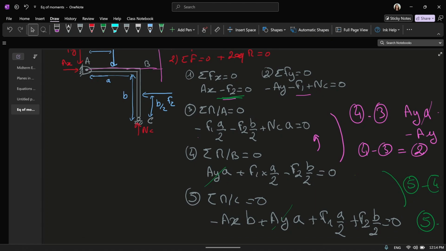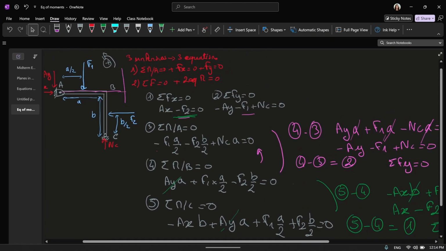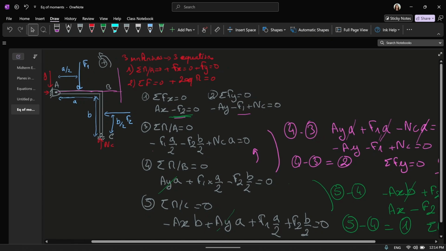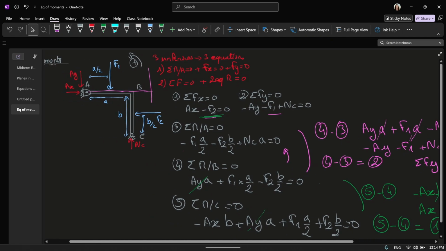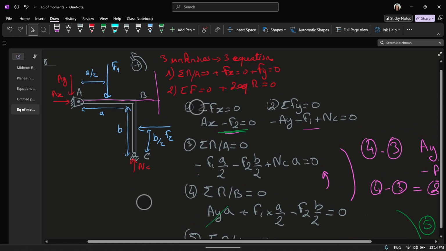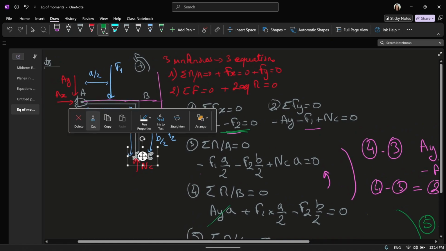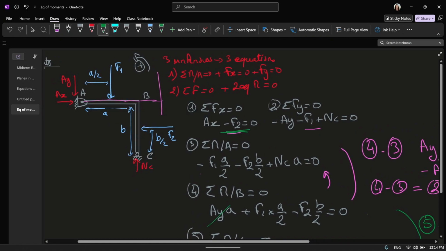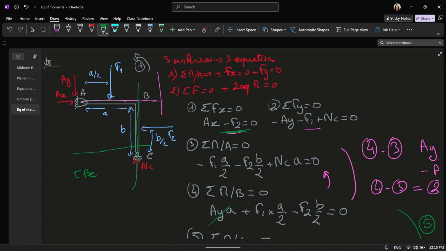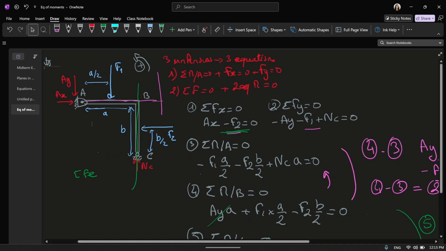So this is not 3 independent equations. If we put that in a matrix system, that will say the matrix is not invertible. So if we do the forces on x, we can't use 2 points that are perpendicular to x.